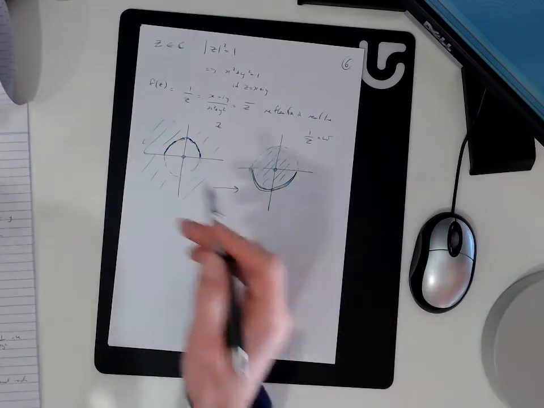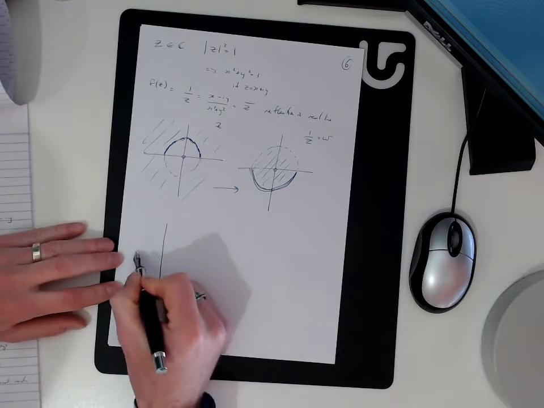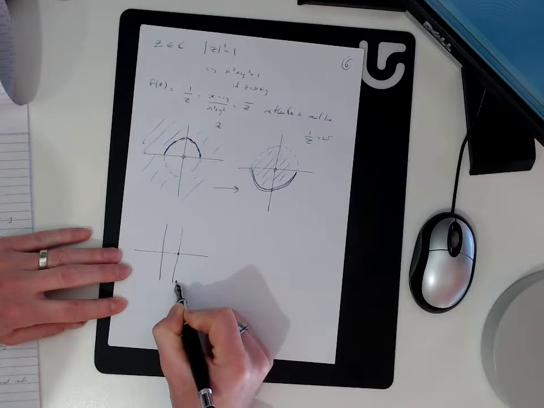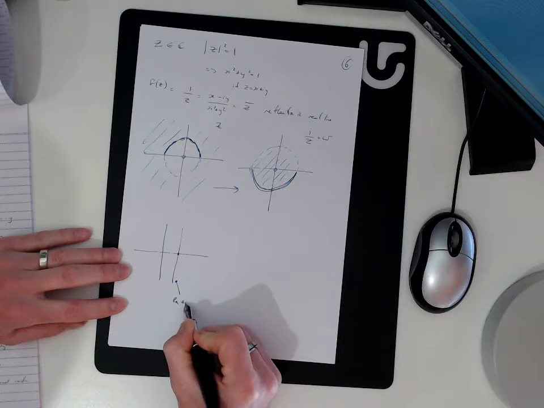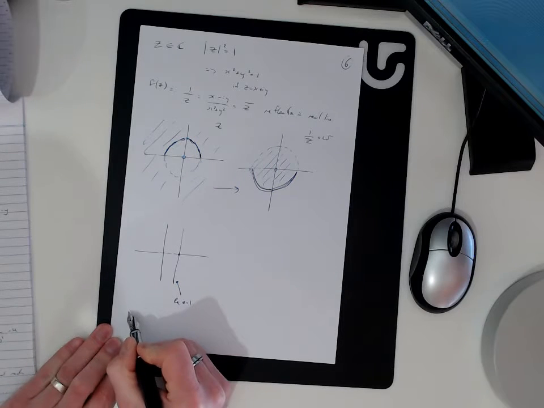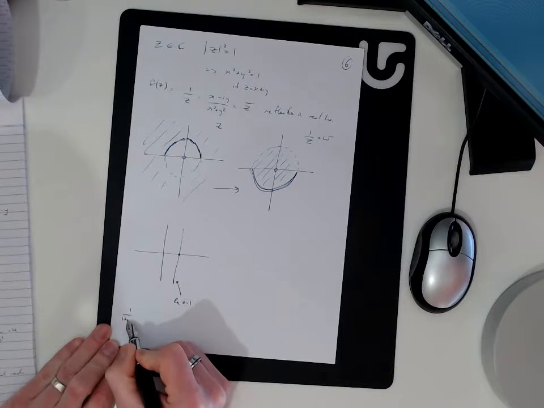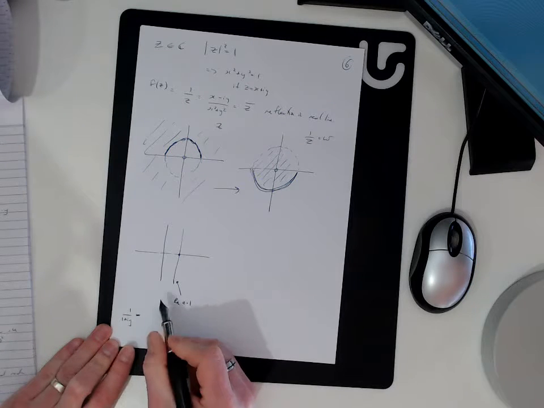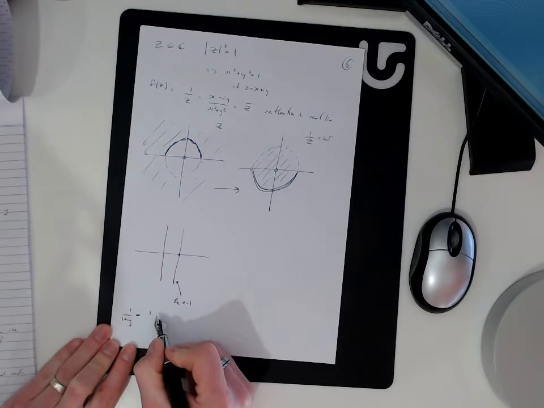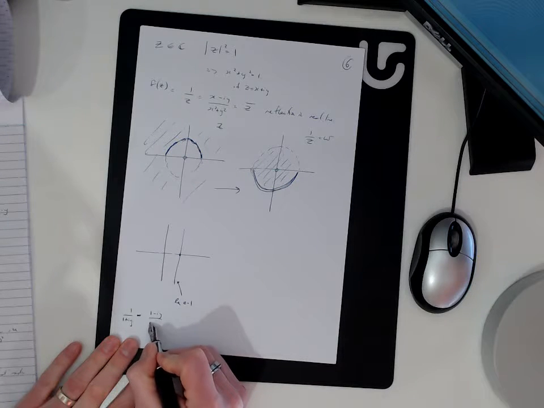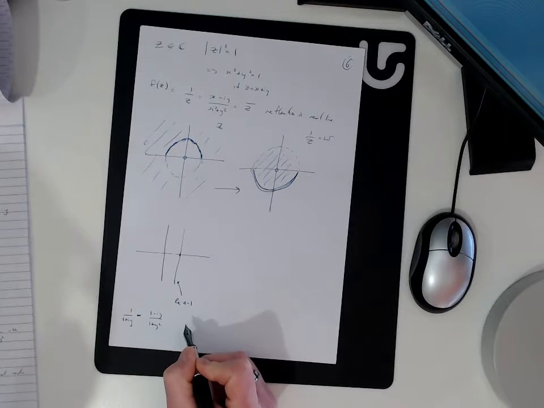So as an example, this is the line given by the real part of z equals 1. So 1 over 1 plus iy is equal to 1 minus iy over 1 plus y squared.